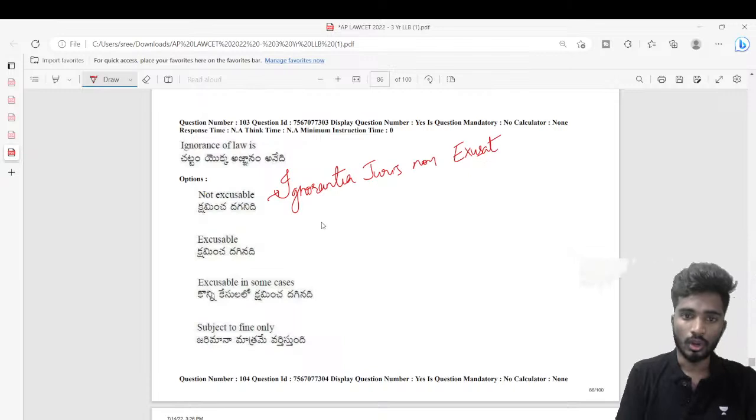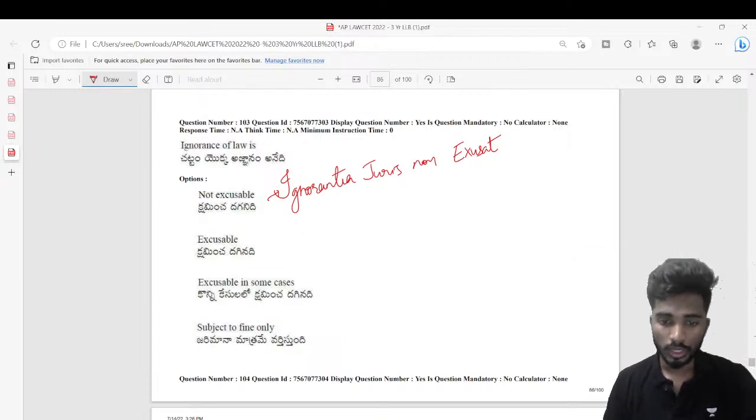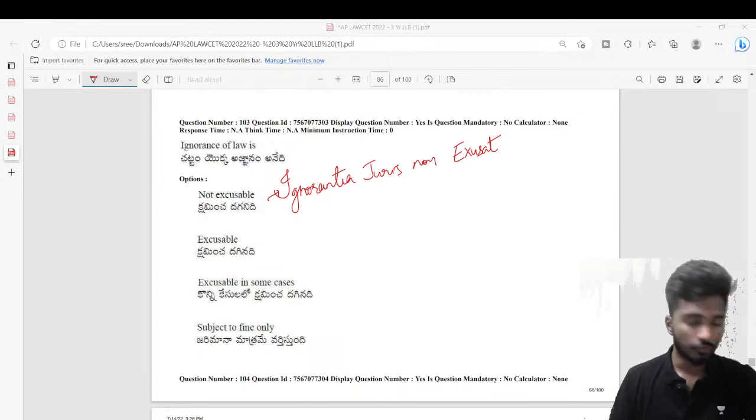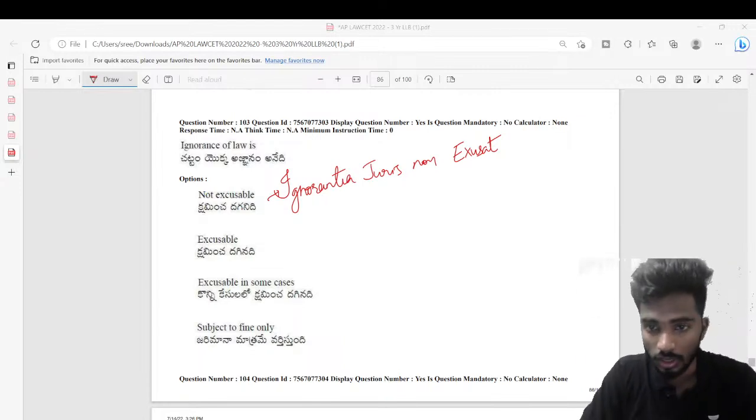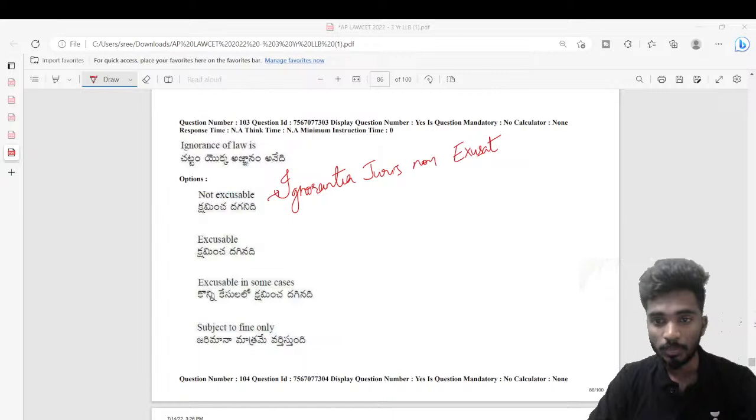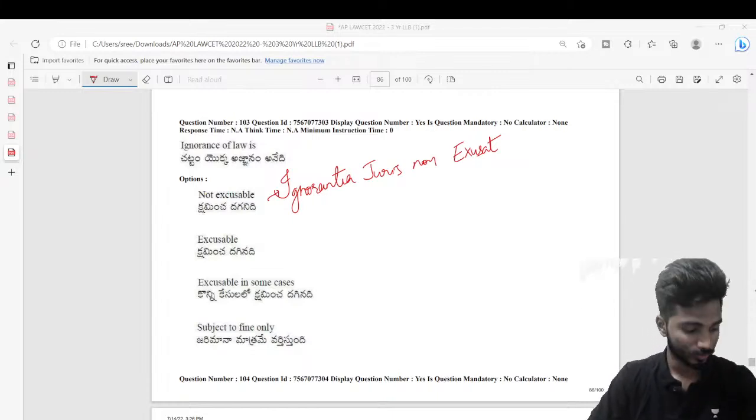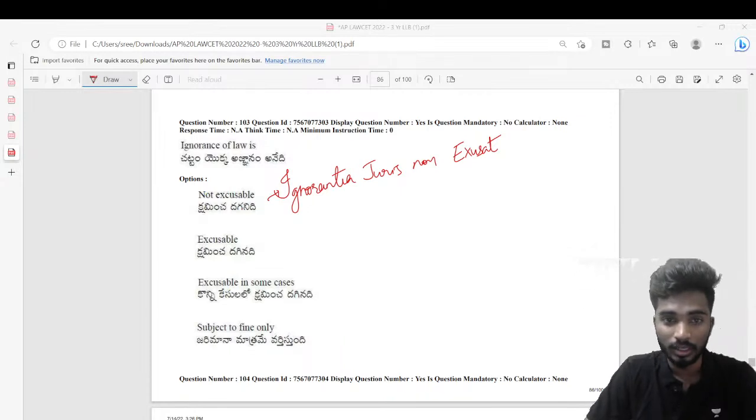Ignorantia juris non excusat అంటే ignorance of law అనేది అస్సలు ఎక్స్క్యూజ్ కాదు. ఎందుకంటే if we give ignorance of law as an excuse, తప్పు చేసిన ప్రతి ఒక్కరు నాకు లా తెలియదు అని అంటాడు. ఎస్ ఆర్ నో? Like for example, I'm not wearing a helmet, right? And the police will impose a challan on me, and I cannot go and say that, oh, I don't know the law that I have to wear a helmet on the road. I don't know the law I should go on the left side of the road, right?